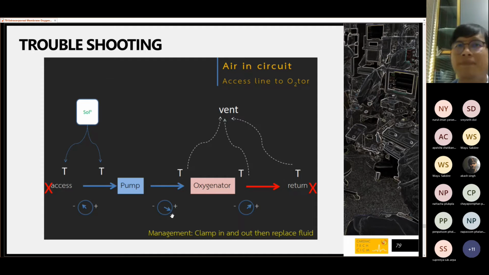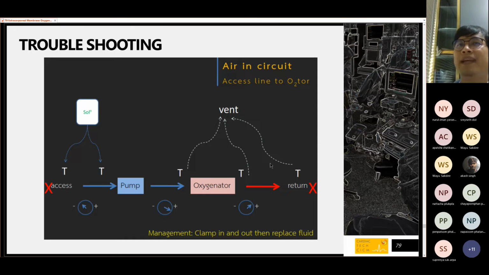For this kind of air in the line, I mean the line before it goes back to the patient, we can clamp on the line, the line coming in and out, to protect the air from coming back to the patient. Then replace the fluid, because we have the luer, we can put in another IV and put the solution into the circuit, and then let the air out from any port attached with the three-way stopcock.